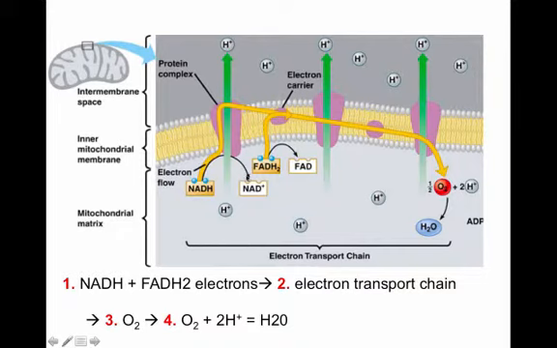So the energy comes from these high energy electrons that we have stripped systematically from glucose. And as we know, glucose is transformed into many intermediates, both in glycolysis and in the citric acid cycle. But the original molecule was glucose.